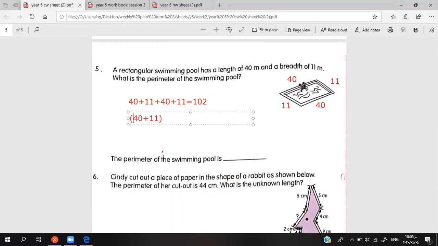So it can be 40 plus 11 times 2. 40 plus 11 is 51, times 2, which is going to give me also the same answer, 102. The perimeter of the swimming pool is 102 meters.